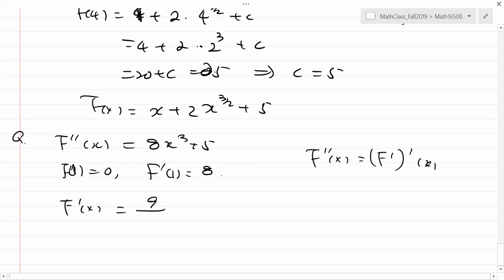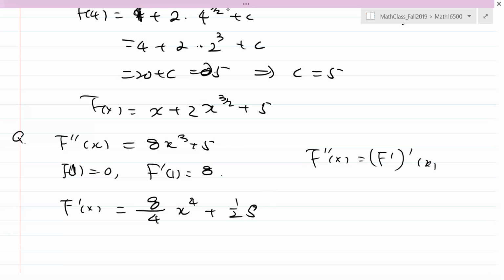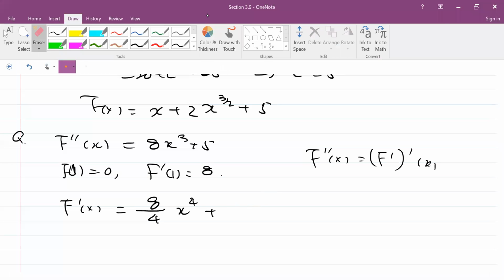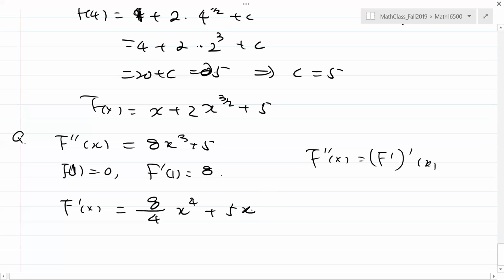So it's going to be 8 over 4 x to the fourth power, plus 5x.